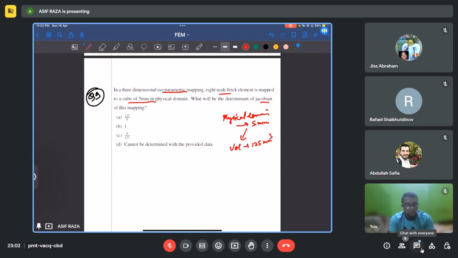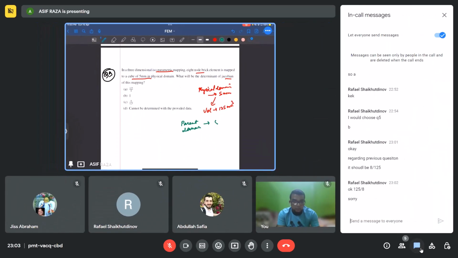And earlier, if we connect to the previous question, the parent domain has a volume of 8 mm cube. Russell is saying now 125 by 8.